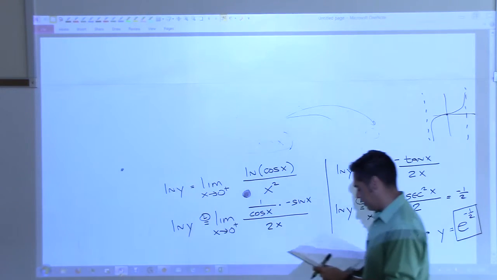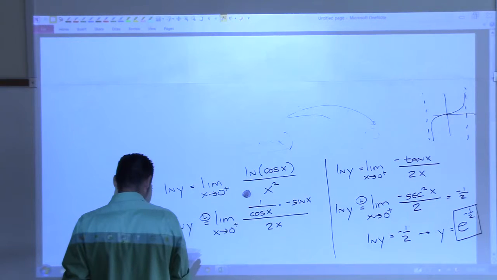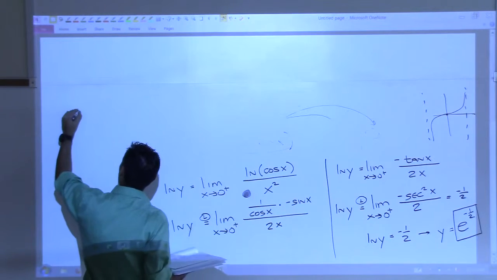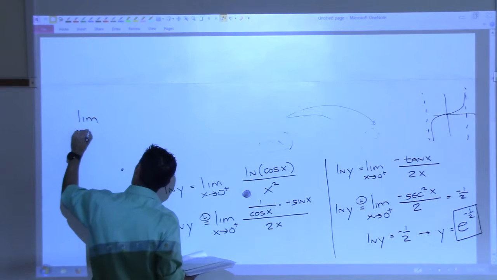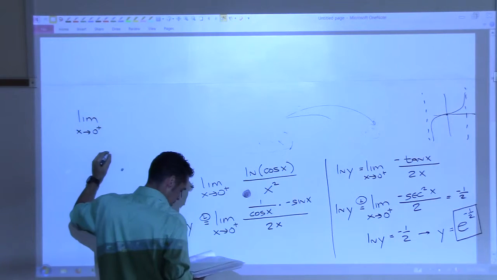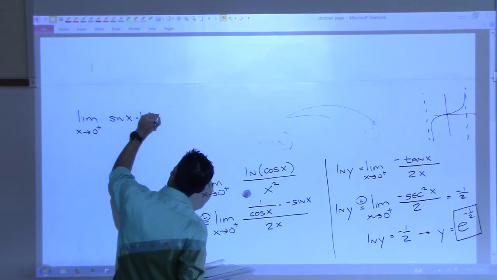All right, how about: limit as x approaches 0 from the right of sine x times natural log x.